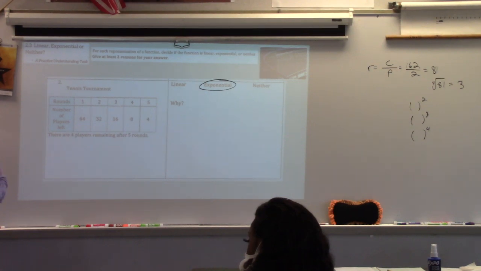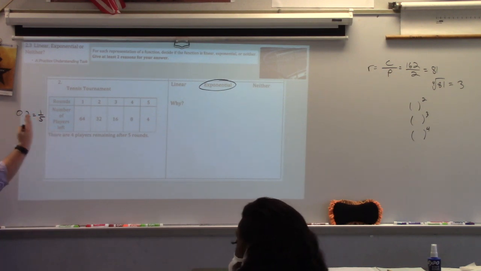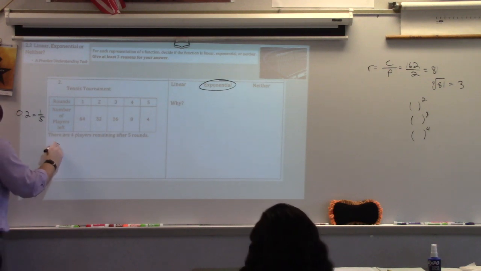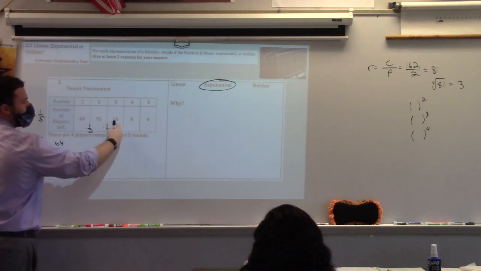Multiplying by 0.2? Not 0.2, 0.5. 0.2 is 1/5. You could say you're multiplying by 0.5, which is 1/2. So 64 times 1/2 is 32. 32 times 1/2, 16.